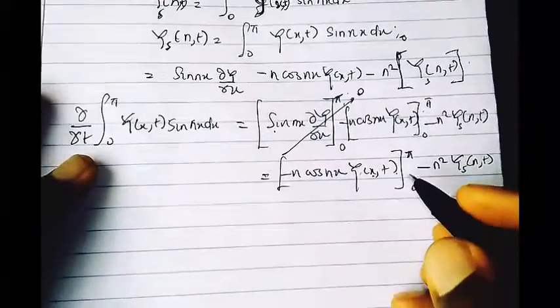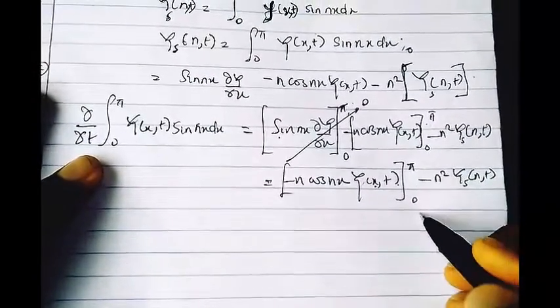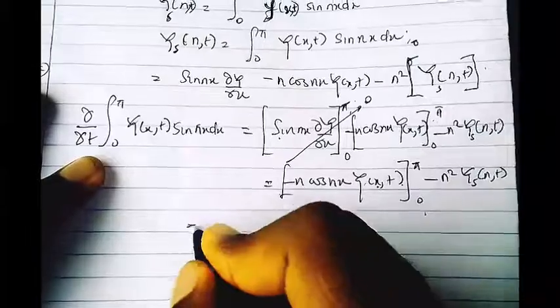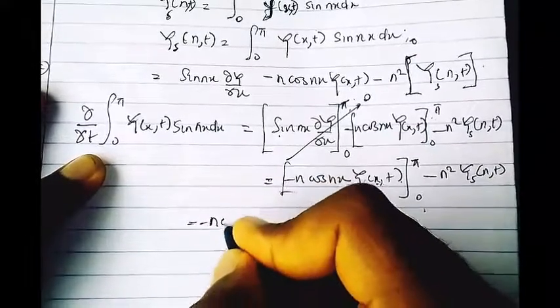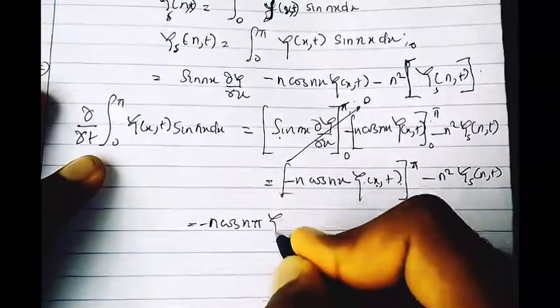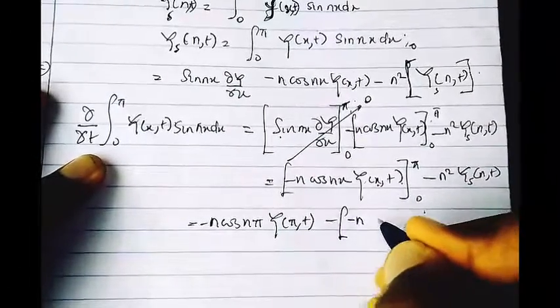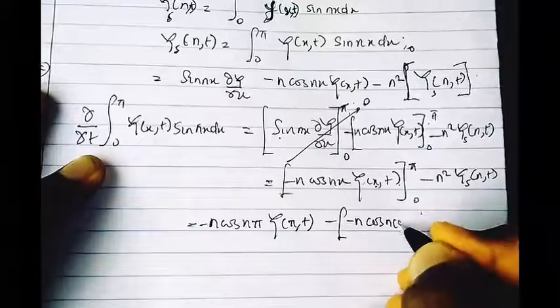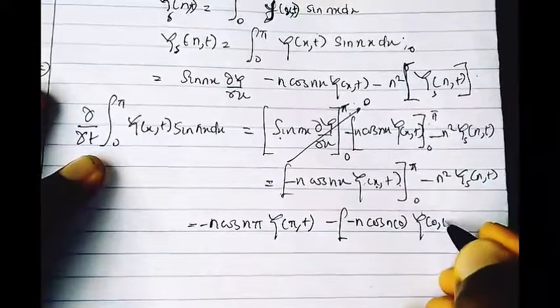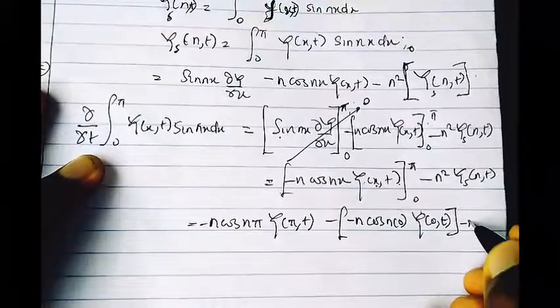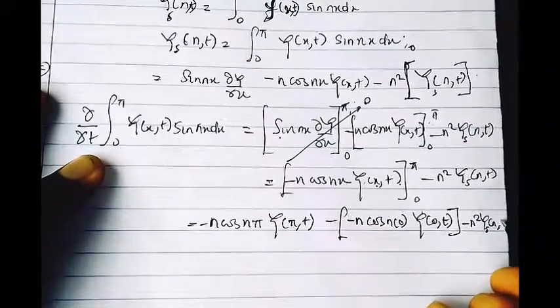Now if you look at where we are, we'll be substituting for pi and 0 as the value of x. Substituting it here, we'll have minus n cos n pi y, which is a function of pi and t, minus, open brackets, minus cos n times 0 y as a function of 0 and t, close brackets, minus n square y subscript n and t.